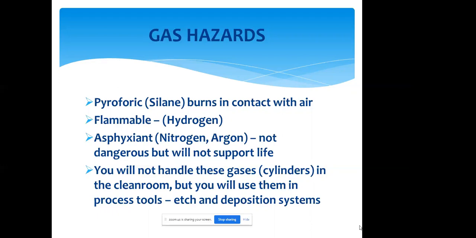Remember how I said you always listen, always be aware of your surroundings? Some of these sensors behind the walls might be sensing oxygen content in the air. Or if there's a leak, you know there's a leak because there's an alarm going on.